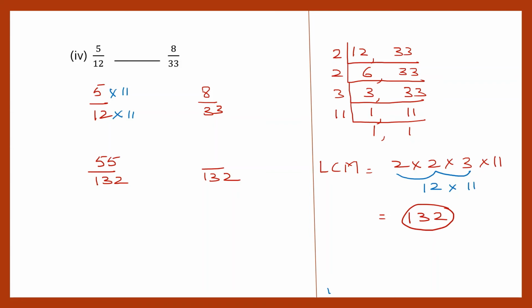Let's multiply by 4. 4 threes are 12, carry 1. 4 threes are 12 plus 1, 13. We've got 132. So 33 into 4, so 8 fours are 32. So we've got like fractions, and the numerators also. The greater one is 55 by 132. So this is the greater one, and let's fill in the greater sign there.